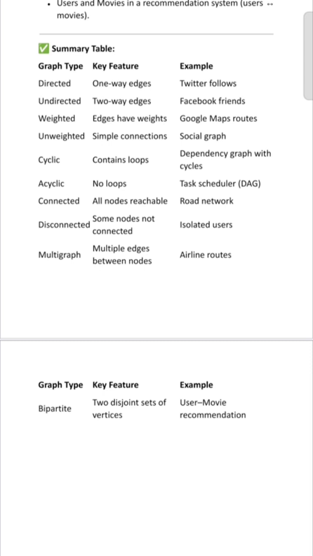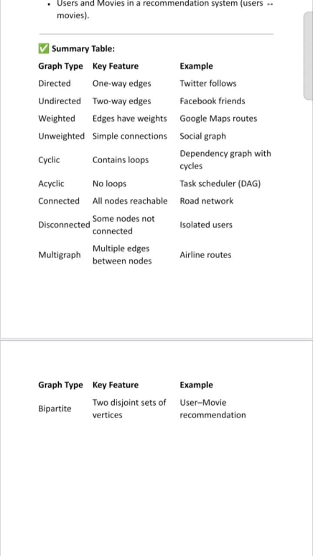So next type is disconnected graph. It is the opposite of the connected graph. The key feature of a disconnected graph is that some nodes are not connected to other nodes. The example for that is isolated users. Next type is multigraph.